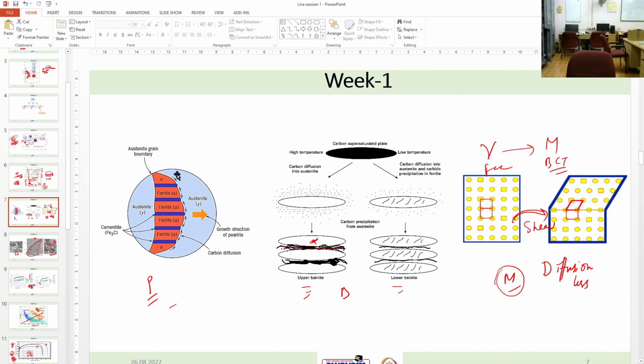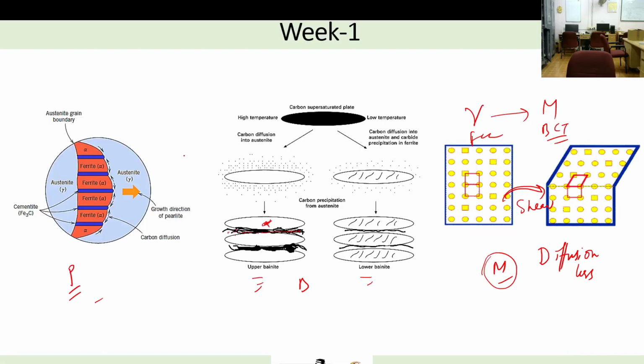The first one is upper bainite, which forms at a higher temperature, and the second one is lower bainite, which forms at a relatively low temperature. In upper bainite, we have given enough time for carbon to go and form interlath cementite.